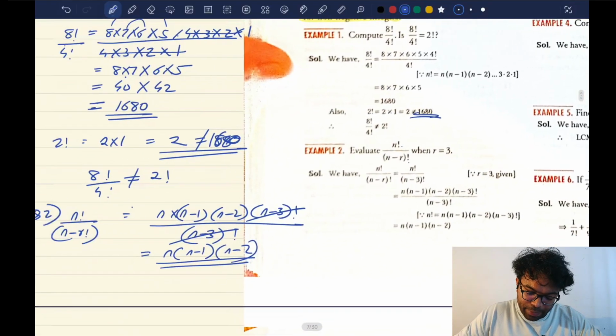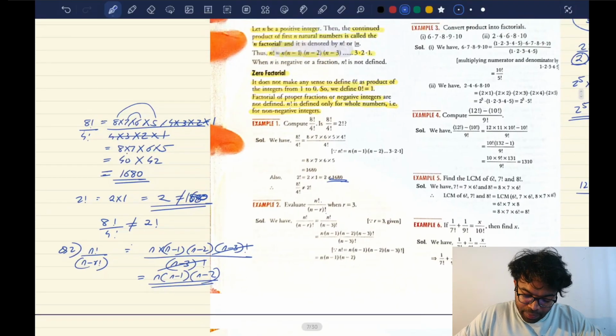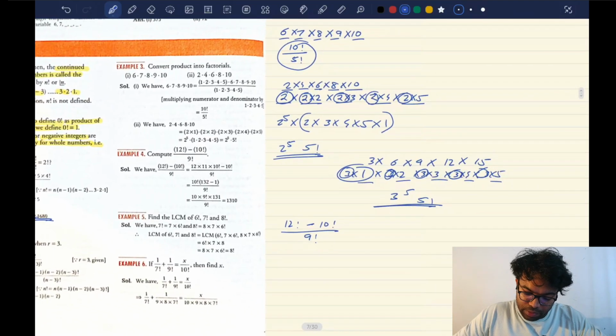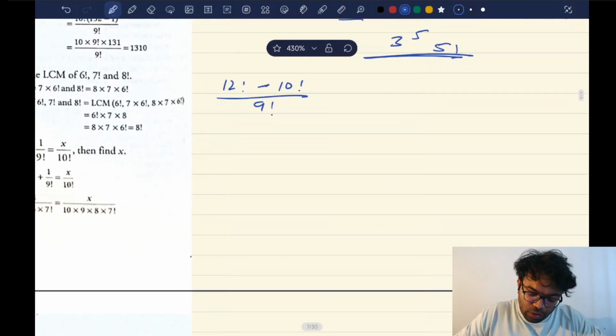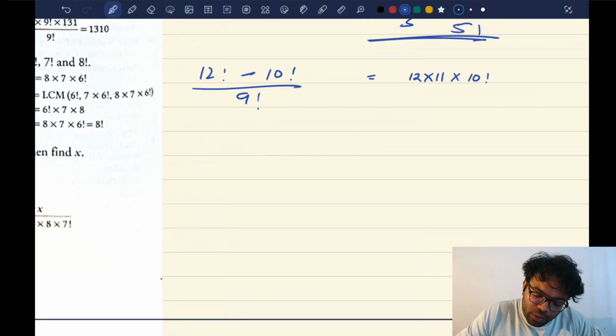I accidentally did not show the screen, but this is what we're supposed to do. This can be written as 12 into 11 into 10 factorial minus 10 factorial upon 9 factorial.